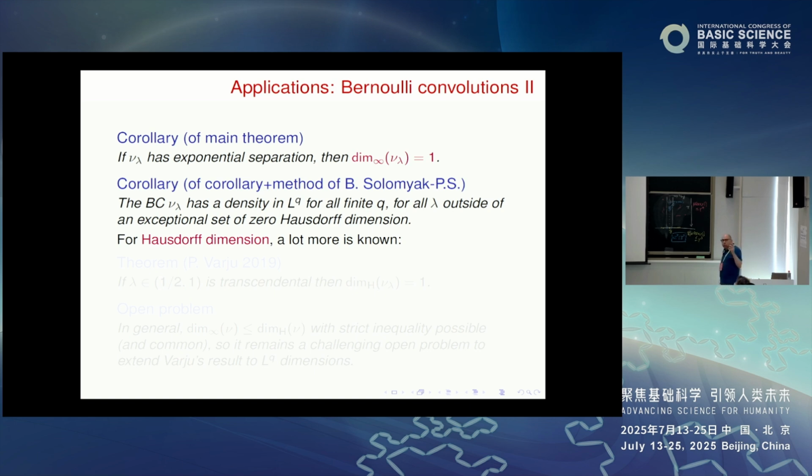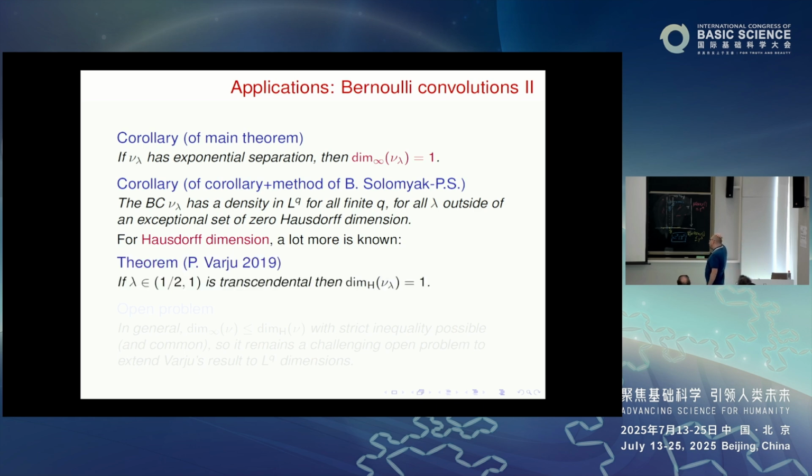So we actually lose a set of 0 Hausdorff dimension twice. In assuming exponential separation, we are throwing away a set of dimension 0. And then to go from full Frostman exponent to LQ density, we throw away another set of 0 Hausdorff dimension. But thankfully, the union of two sets of 0 Hausdorff dimension still has 0 Hausdorff dimension, which is why we have this corollary.